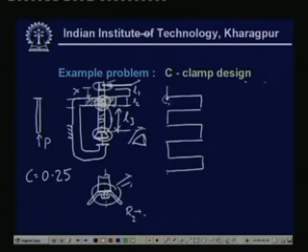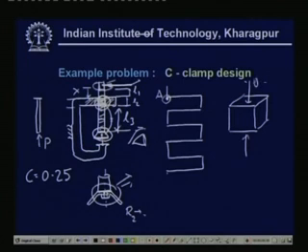So, if you have one element at point A, if you draw the state of stress, there will be compressive stress, with sigma z say. There will be the bending stress, which is sigma b, and the value which I have already calculated just now.